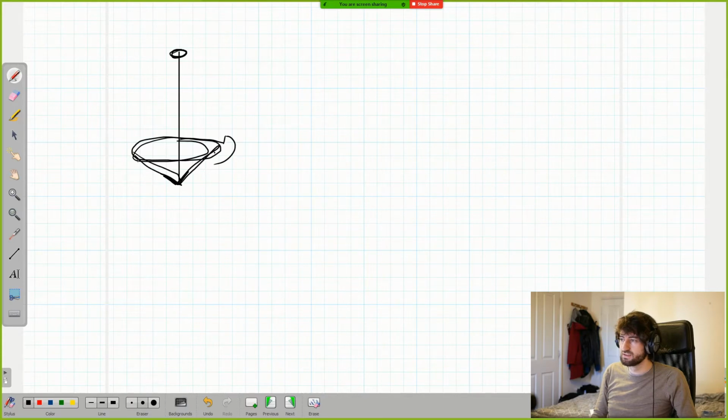Even though it spins like this, and if you take any point on it, it has a velocity that way, like momentum in this direction, the angular momentum is down the rod. That's the direction of the angular momentum.